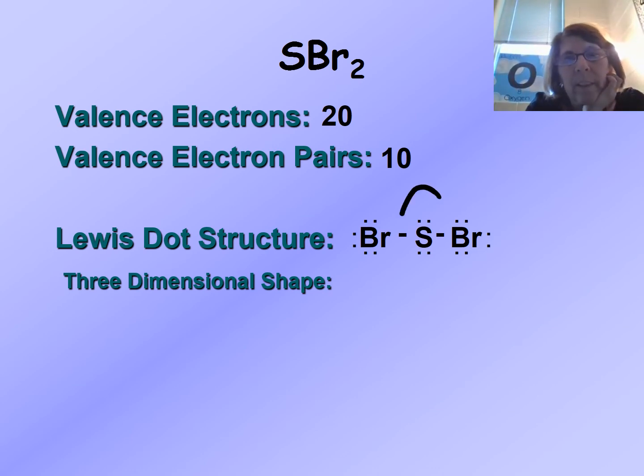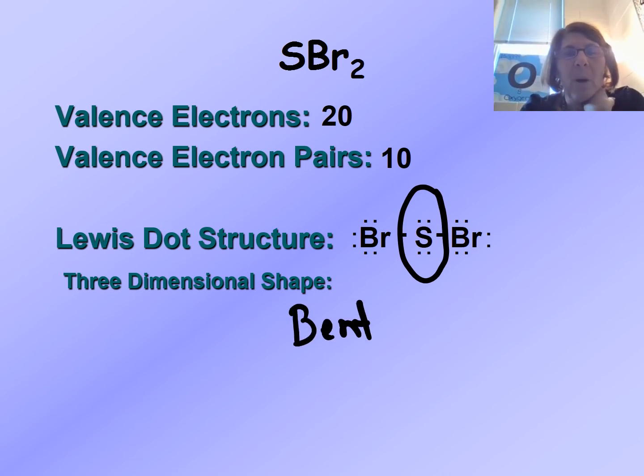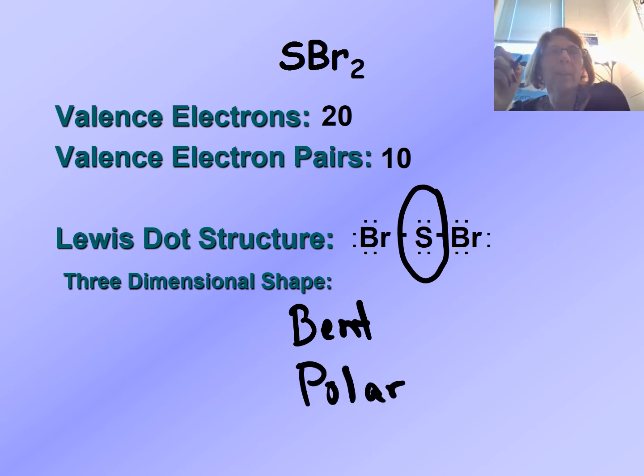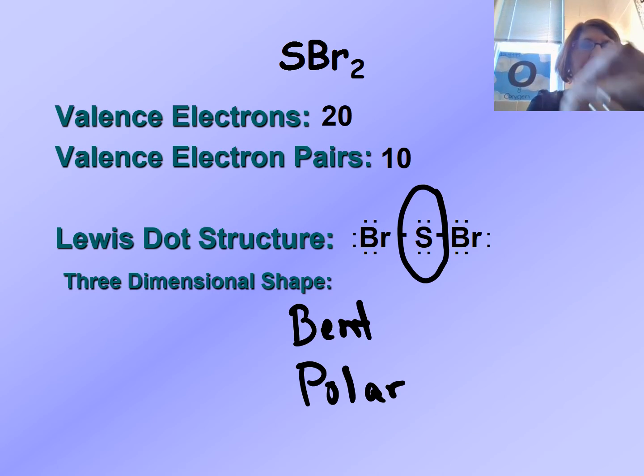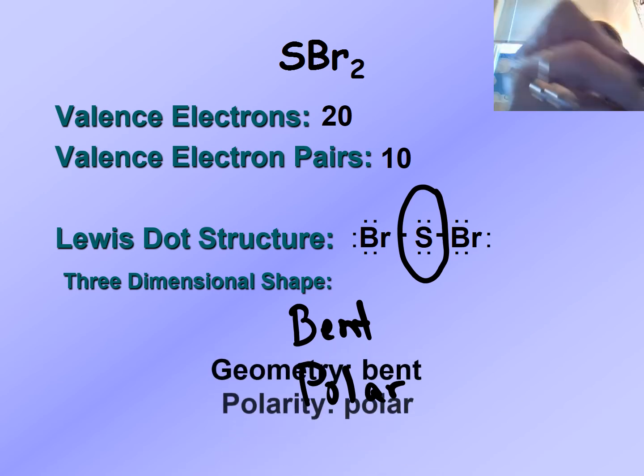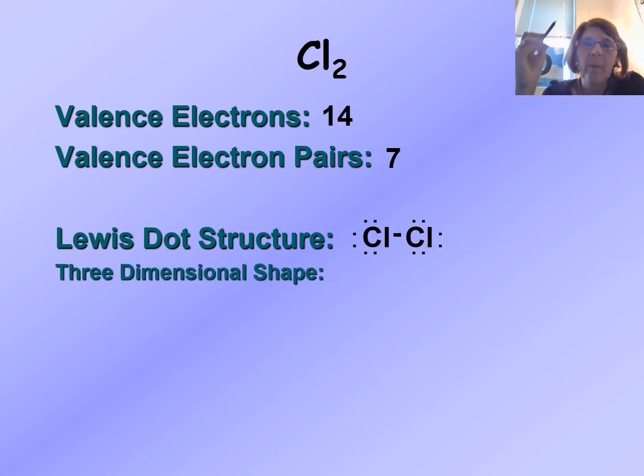These are called lone pairs, so automatically we say it's bent. It will also make it polar. Those lone pairs automatically make it polar. This one is linear.